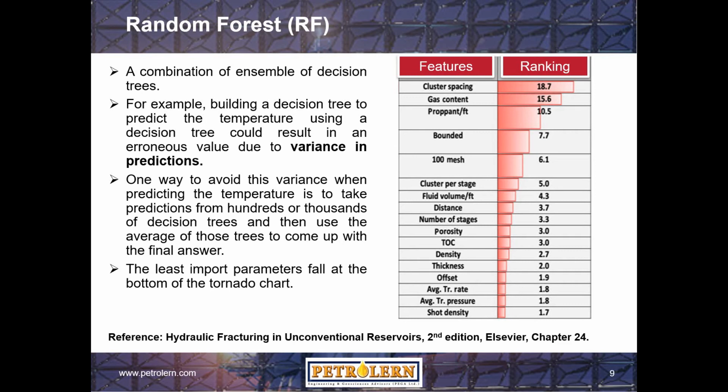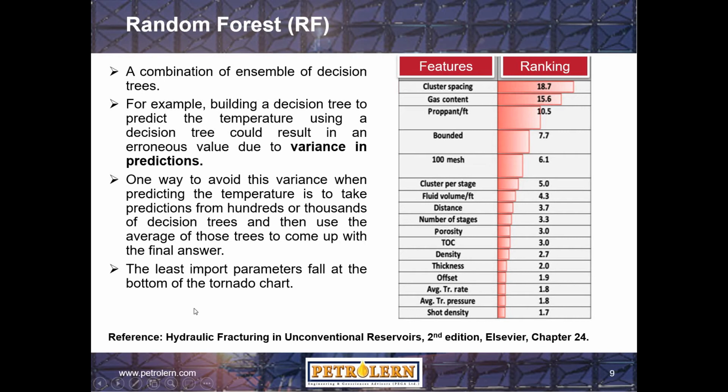Basically the way the random forest ranks the parameters is that the parameters with the least important impact fall at the bottom of the tree. And those parameters can basically either be removed from the analysis or just not included in the analysis.